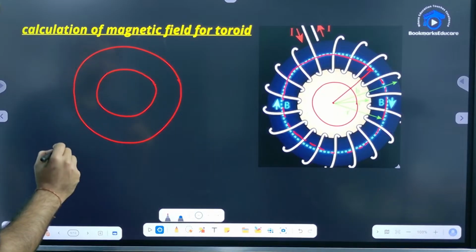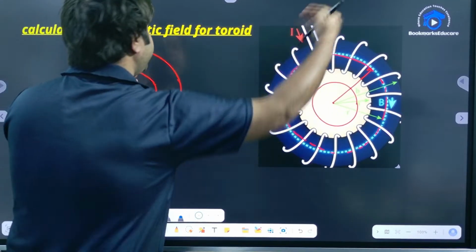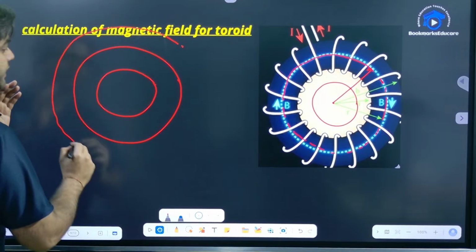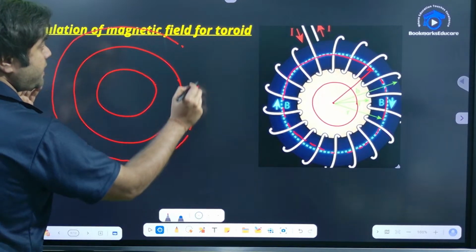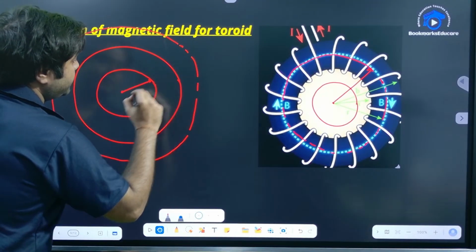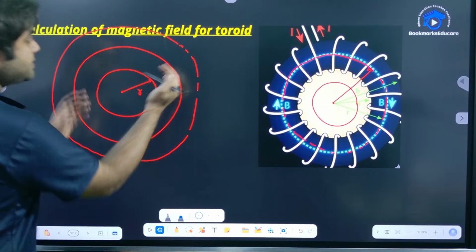And outside the toroid, we are taking a third Amperian loop, right? From the central point, this distance is r and this is inside.